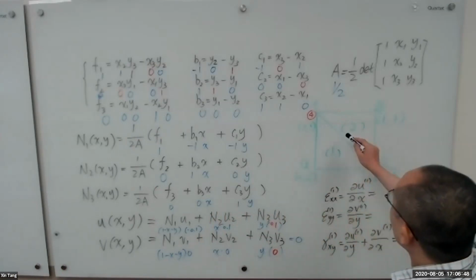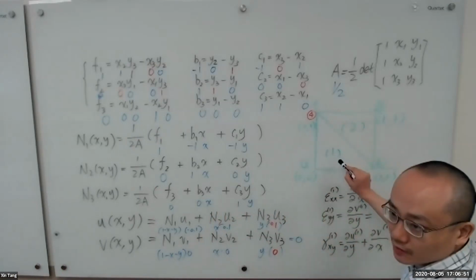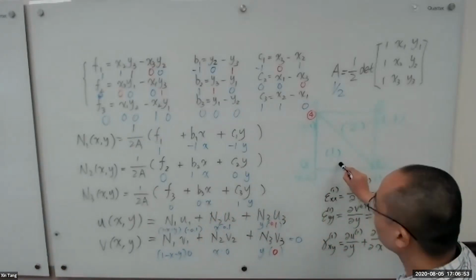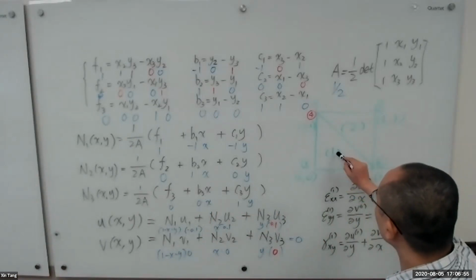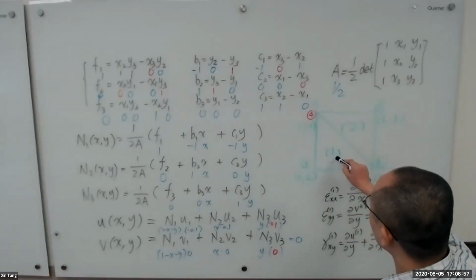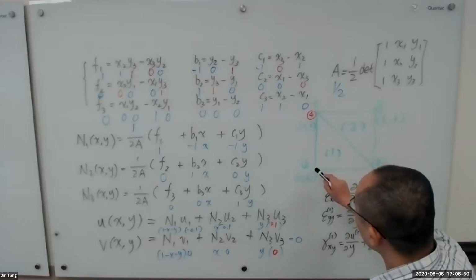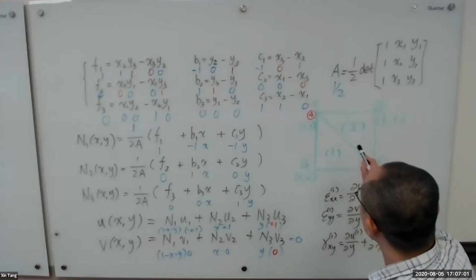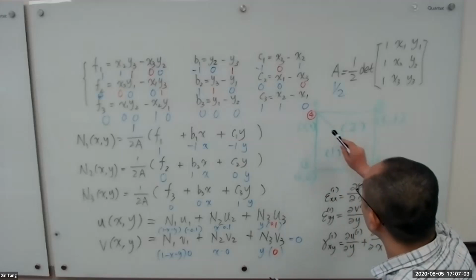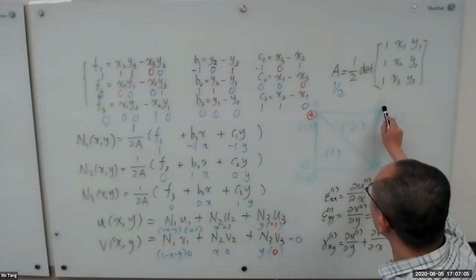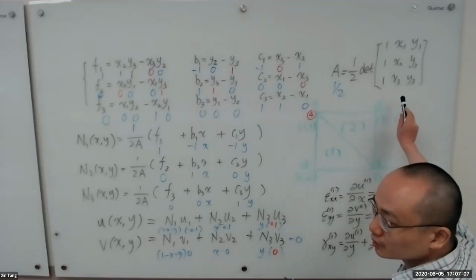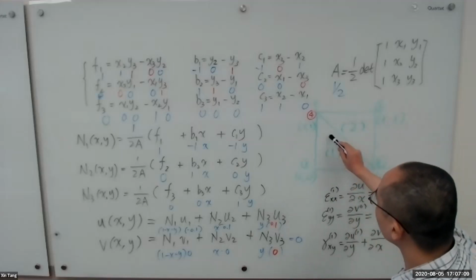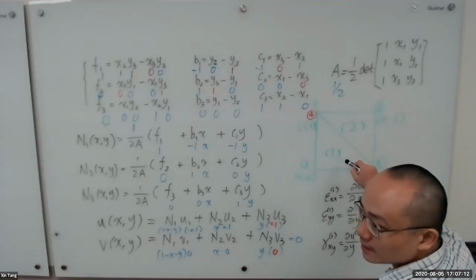Here are 2 elements. Let's calculate element 1 first. Element 1 has 3 nodes: 1, 2, 4. Node 3 is not involved, so you should not use node 3 to calculate element number 1.